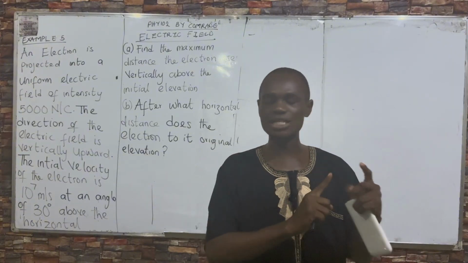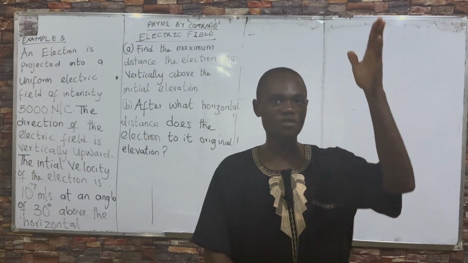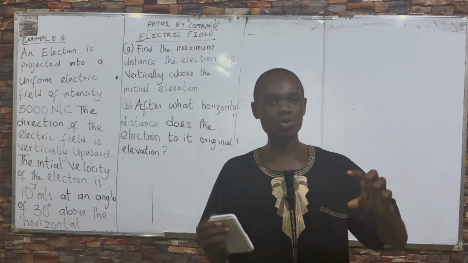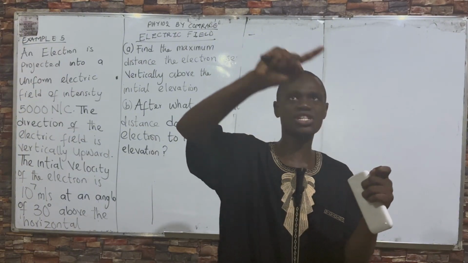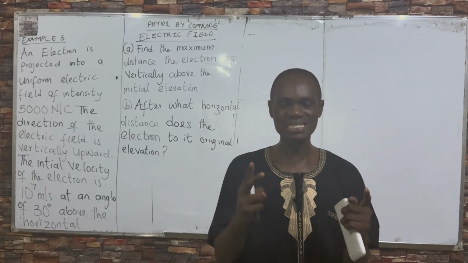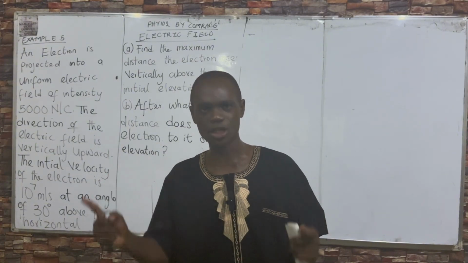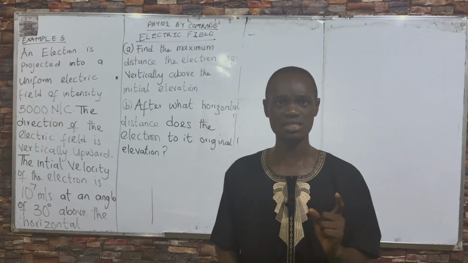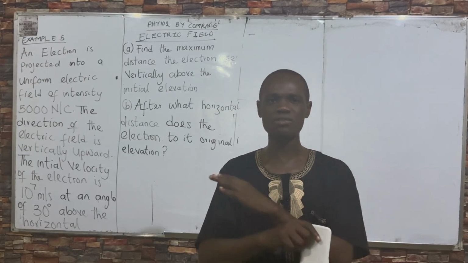It means that in the horizontal direction, the acceleration is zero, while the vertical motion is motion under gravity. The resultant of these two motions is what gives you the trajectory. So you must have in mind that a projectile is doing two things at a particular time: moving in the horizontal direction with constant velocity, and also moving in the vertical direction based on motion under gravity. The two kinds of motion are independent of each other.